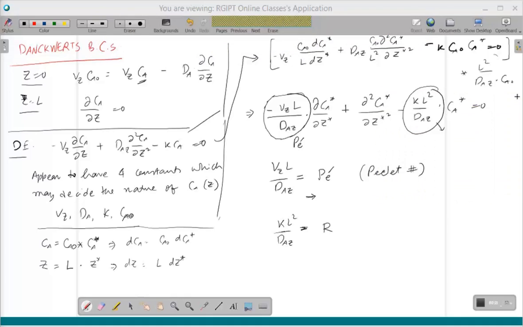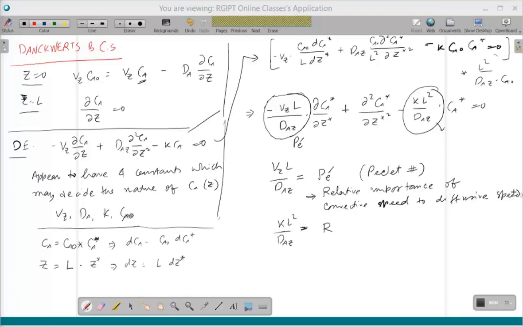Okay. So Peclet number gives me relative importance of two effects. One is diffusion, one is convection. Diffusion is how fast the diffusion is with respect to convection.